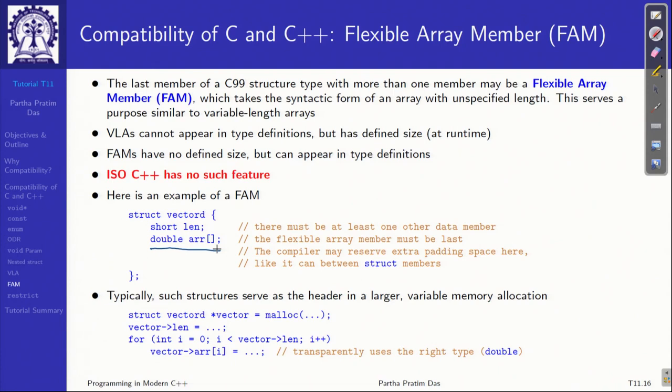But again, this is a C only feature. ISO C++ has no such feature as FAM, right. So, C++ does not even recognize this as a feature. You will have a severe incompatibility for this.